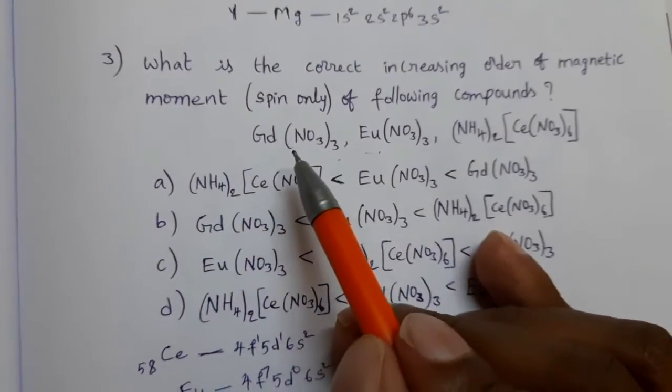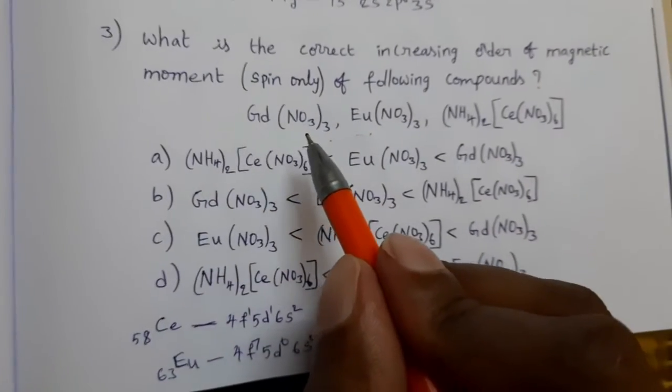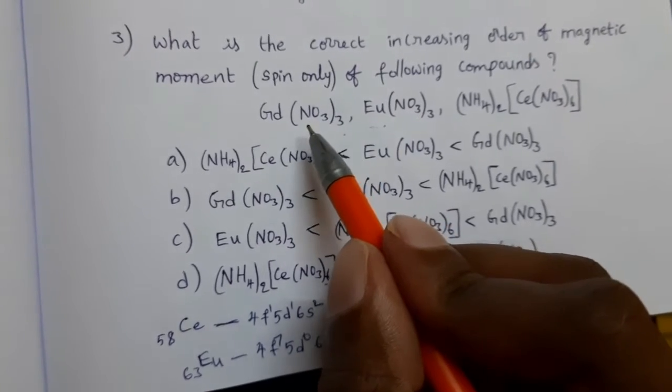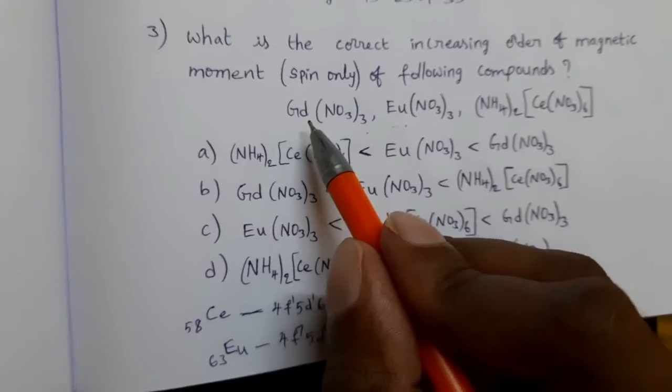Come to gadolinium nitrate, Gd(NO3)3. Here also the same thing. Nitrate ion NO3 minus, total negative charge minus 3. Gadolinium oxidation state plus 3.